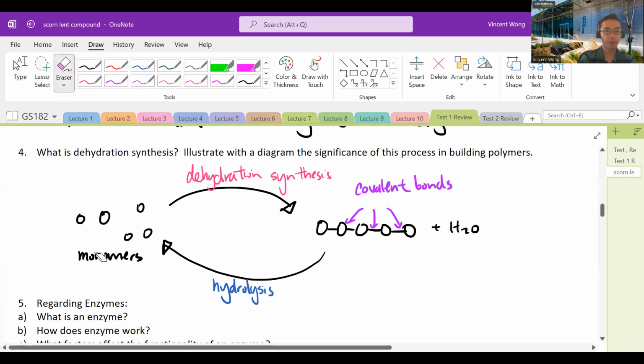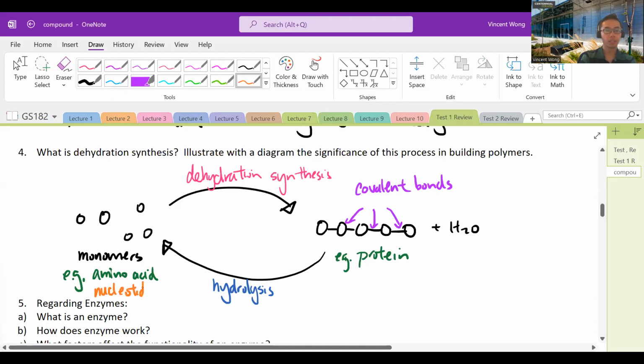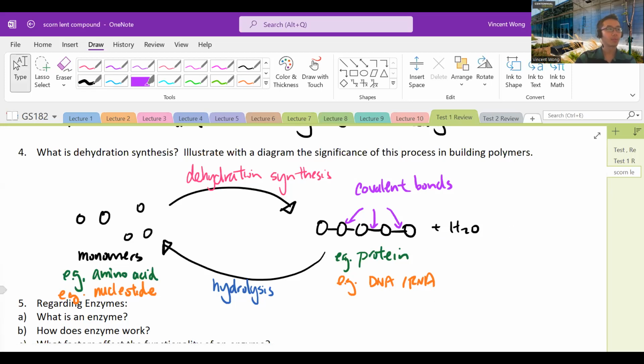So let's put some actual examples here. For monomers, we can have amino acids, and after you connect them together, you would have a protein. Let's do another example. If we have nucleotides, then we would end up having DNA or RNA. Okay, so that's the relationship between the two.